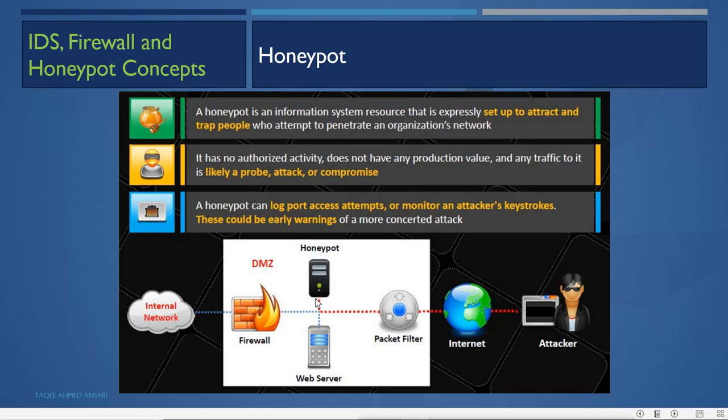It has no security or less security, and protocols are running there which are not required or which are vulnerable. So what will the attacker do? Instead of attacking the real server, it will attack the honeypot server. Now what will the honeypot server do? It will log all the port access attempts, what the attacker is doing, and it can also monitor the attacker's keystrokes.